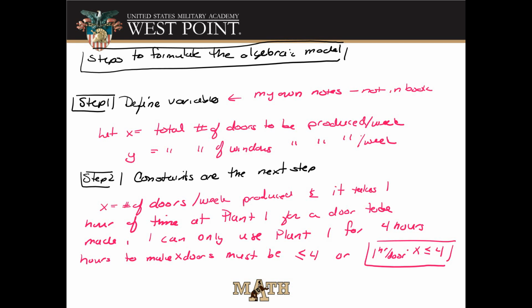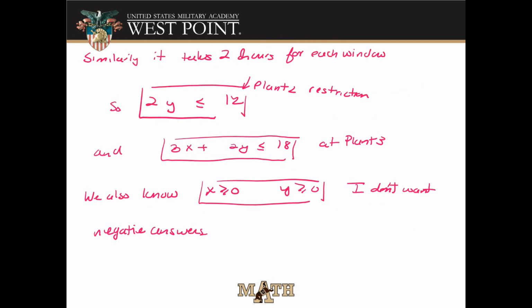If you have the book with you, go to section 5.1. You'll see what I'm talking about. I'll flash it up here if you want to see it. It's like 3 pages of words, right? So I couldn't look at it and then figure out how to put the variables on there. Once I figured out one of them, I realized every one of them. Plant 2's restriction, plant 3's restriction.